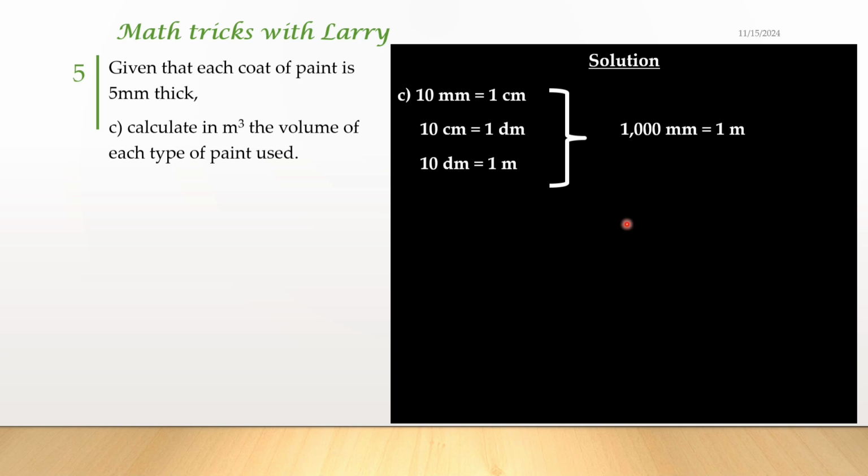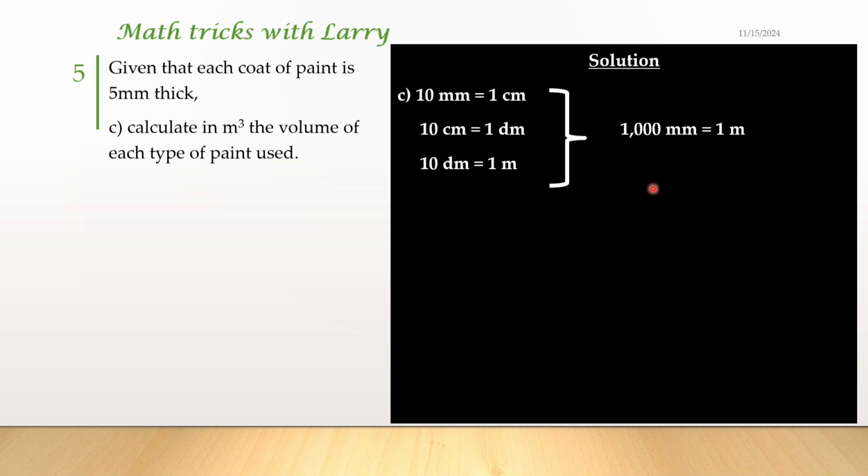Now, if 1000 millimeters is equal to 1 meter, if we use simple proportion, I will encourage you to pause this video and try to convert 5 millimeters into meters using simple proportion. Now, if you use simple proportion, you realize that 1 millimeter is equal to 1 meter divided by 1000 millimeters.